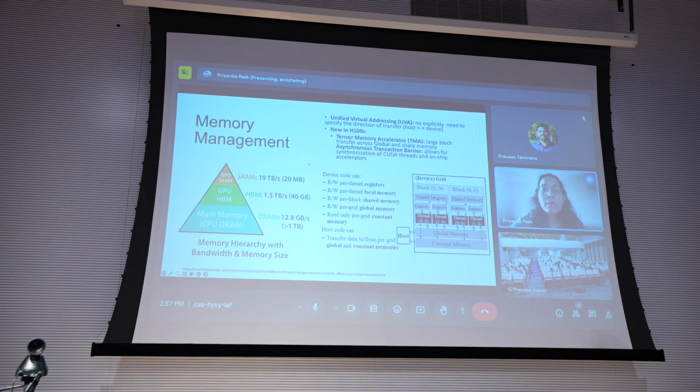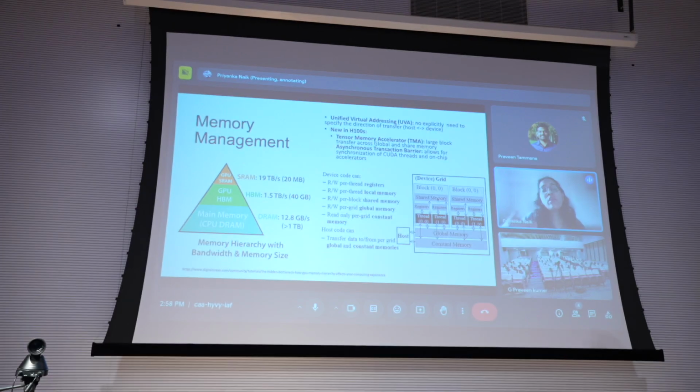Only the global memory gets shared across these nodes, and because of this, a lot of overhead comes when you have a large model that has to be split across multiple GPUs. There are a lot of memory copies that reduce performance or delay the whole training or fine-tuning time itself.